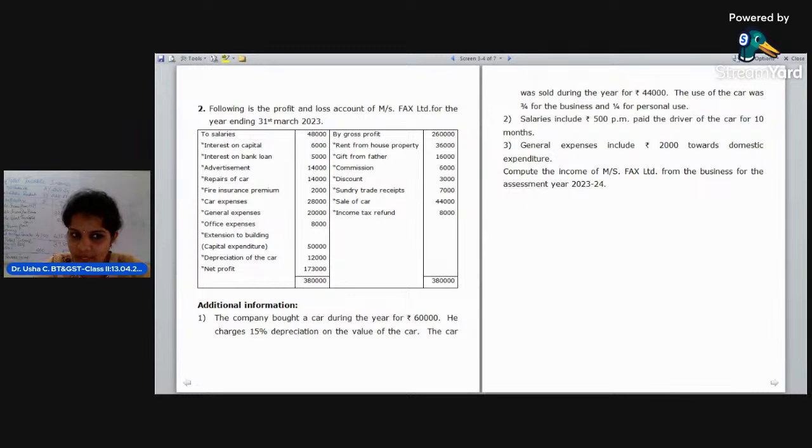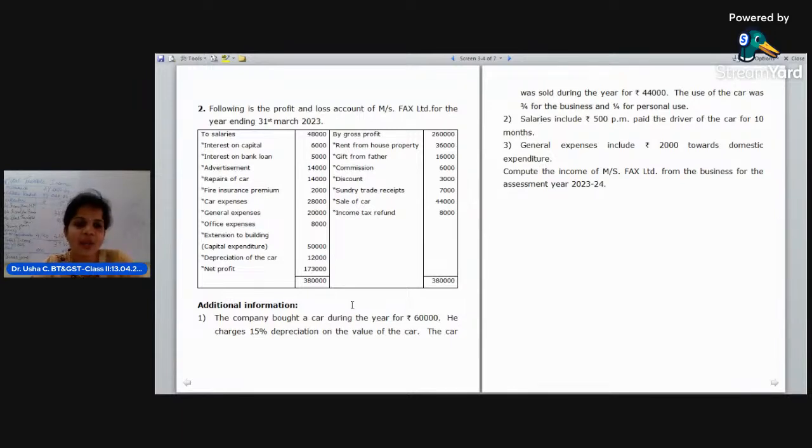Is the amount taxable? No, because it is not taxable under the head other sources. Any gift received from relatives or from parents is not taxable.